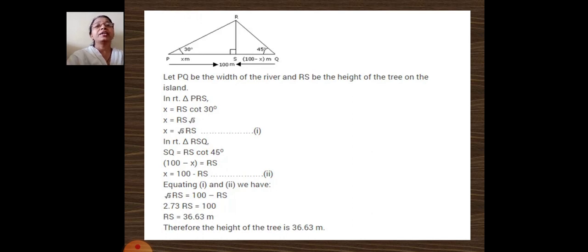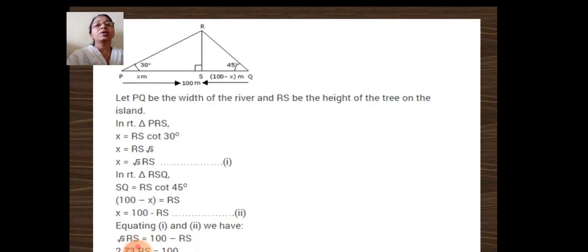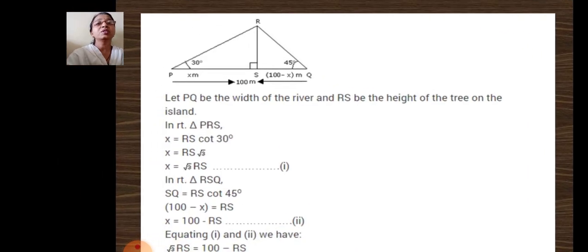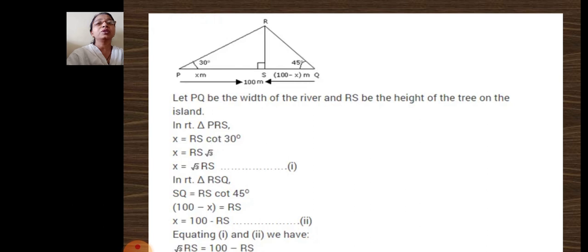Now suppose PS is equal to x, because total length PQ is 100, and PS is x meters, so what will be the remaining SQ length? That is 100 minus x meters, right?